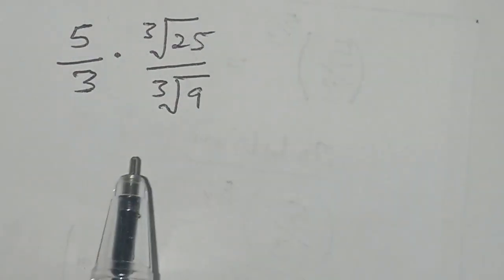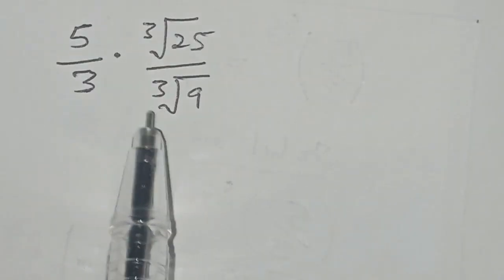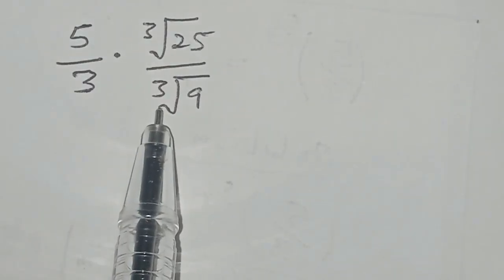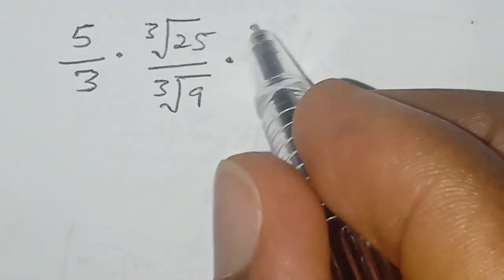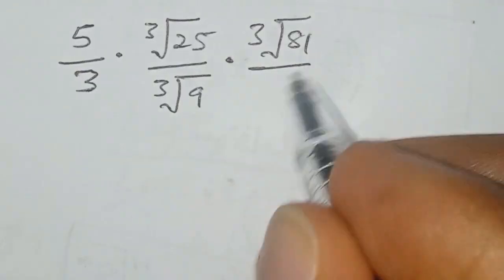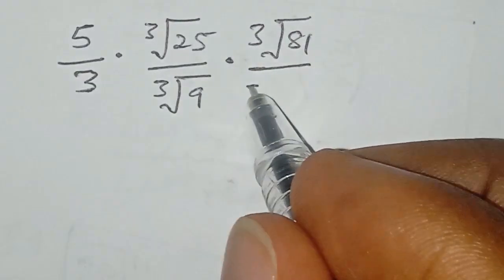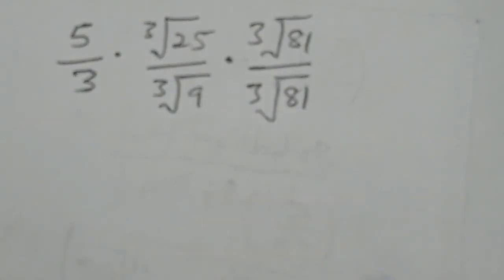Or if we like, we can decide to rationalize this final simplification by multiplying with the cube root of 81 at the numerator and the cube root of 81 at the denominator.